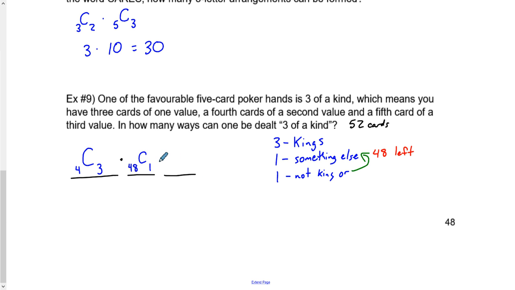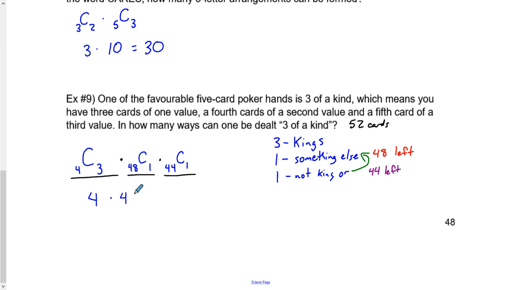But the last card can't be a king and can't be the same as the other one, which means we'd have 44 cards left to make this option. 44C1. Now 4C3, I should be able to do this one in my head. It should be 4. Okay.